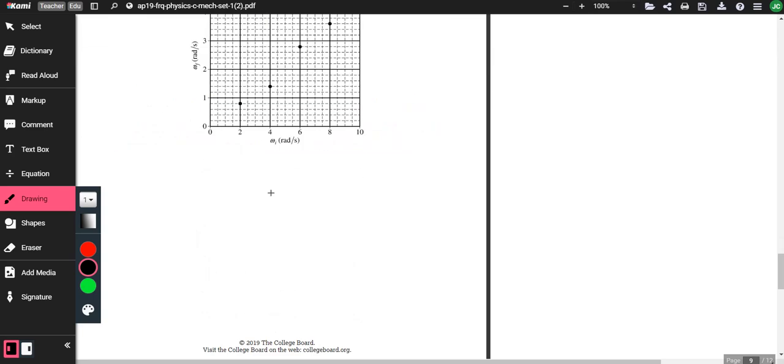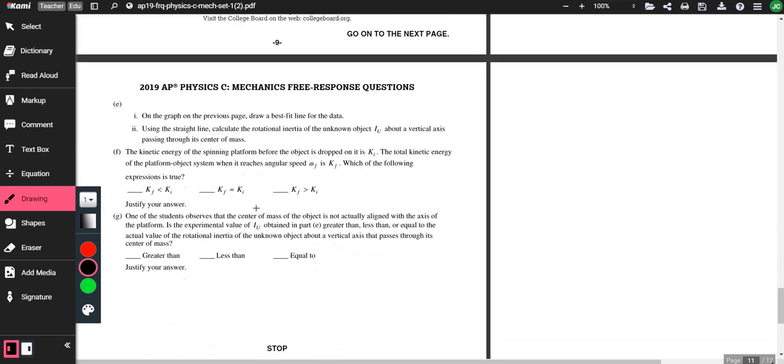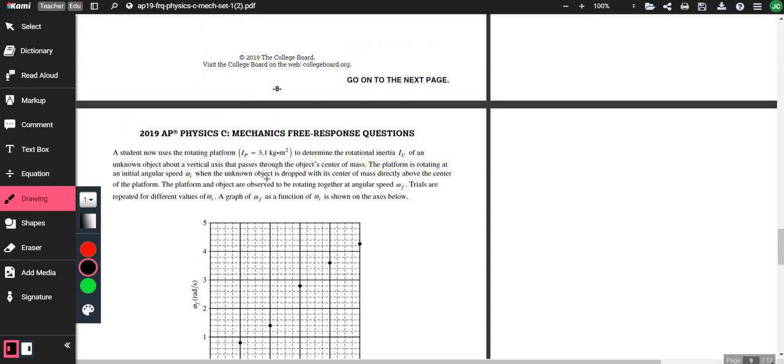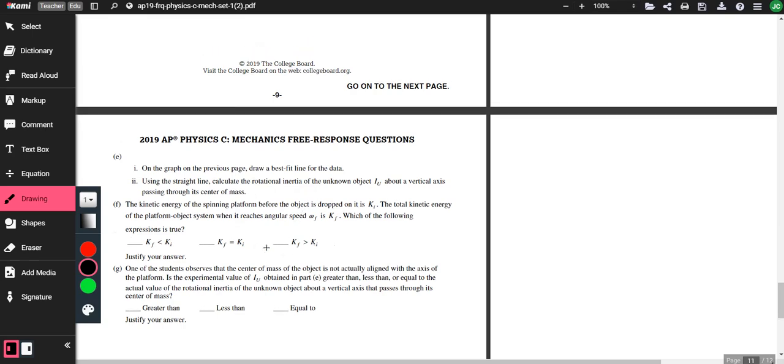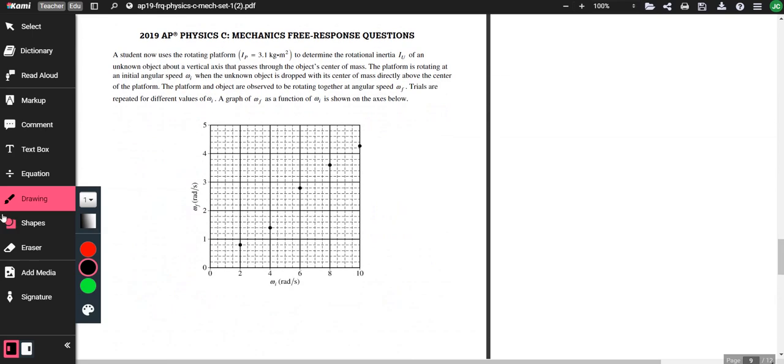And the object that they're dropping on is unknown. That's the other thing. All right, so they want us to draw a line of best fit and then use this to find the rotational inertia of the unknown object.